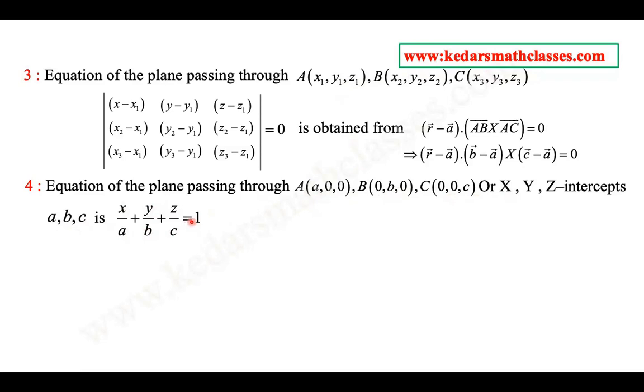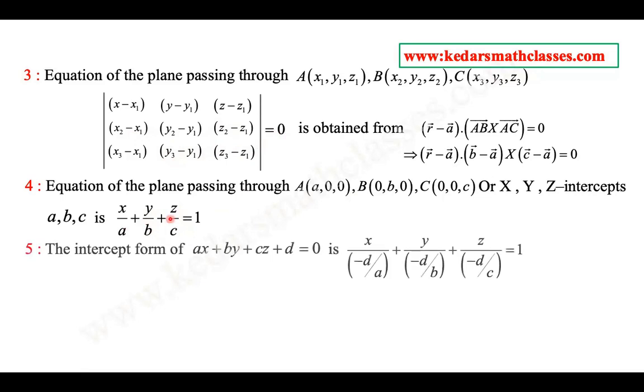This can be obtained very easily from this equation. X minus A, this is x1, y1, z1. X minus A, y, z here, and B minus A, that is 0 minus A, that is minus A, B, 0 here. Like that AC also: minus A, 0, C here. When we expand this determinant, you will get exactly this equation. It is also called the intercept form of the plane.